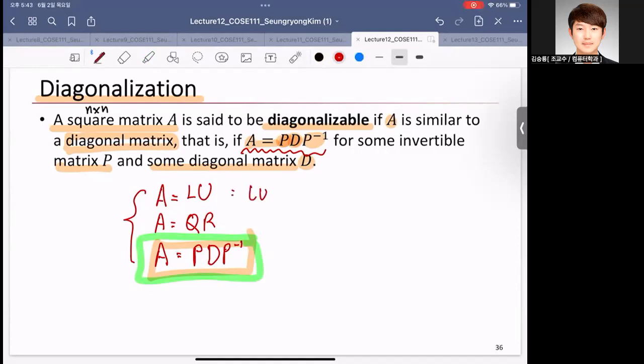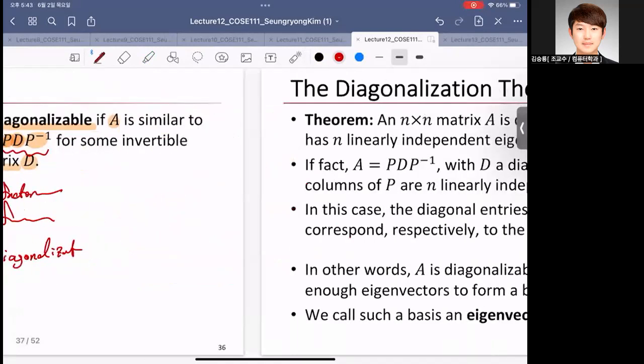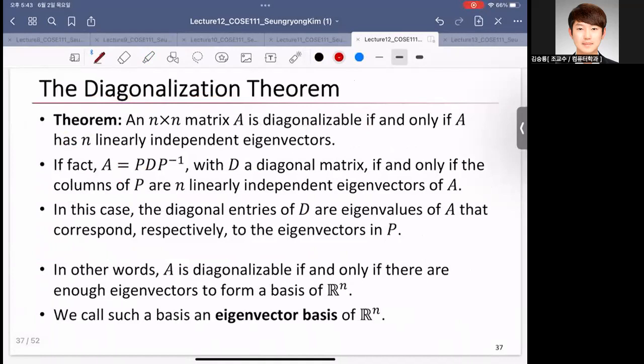This is LU factorization, that was QR factorization, and this is called diagonalization. This is the topic of chapter 5.3. To understand this, let me start with the diagonalization theorem.